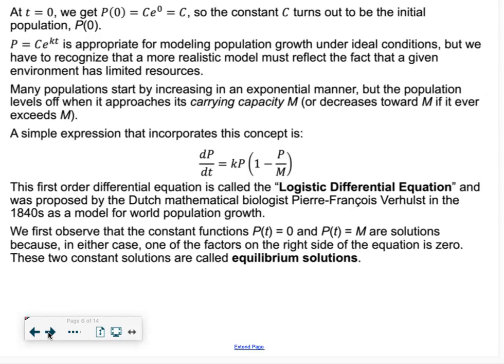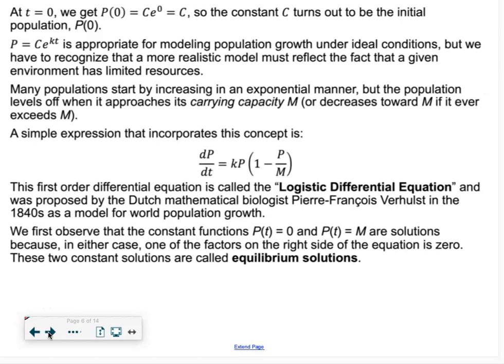dP/dt equals kP times (1 minus P over M). So in this 1 minus P over M, M represents the highest possible population that could be supported based on the resources available. M is called the carrying capacity.